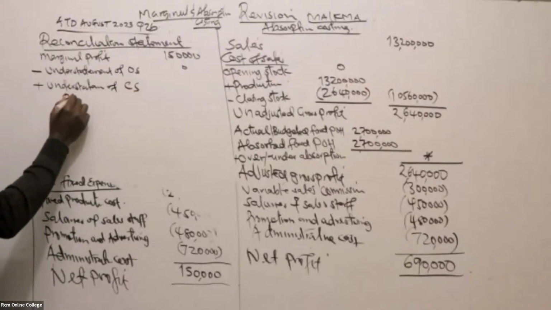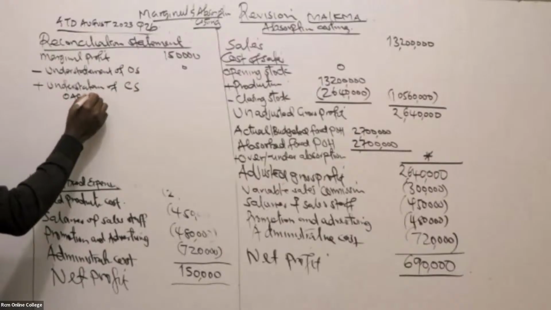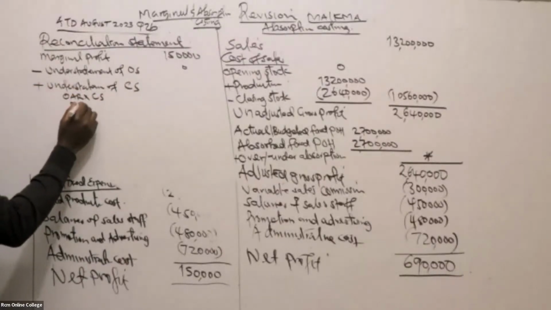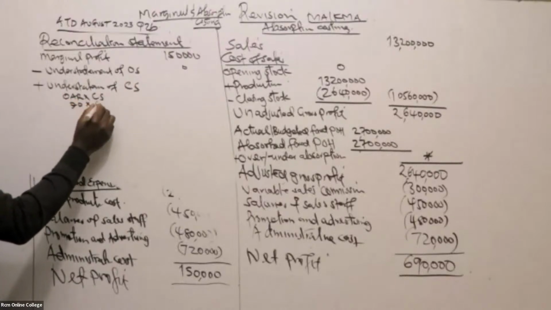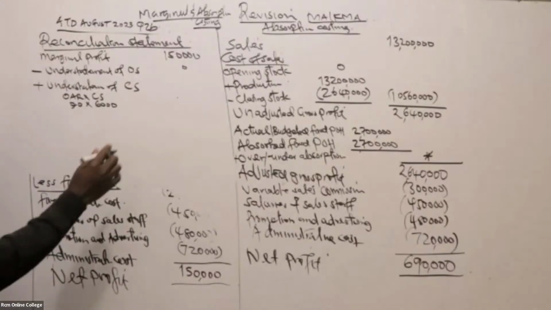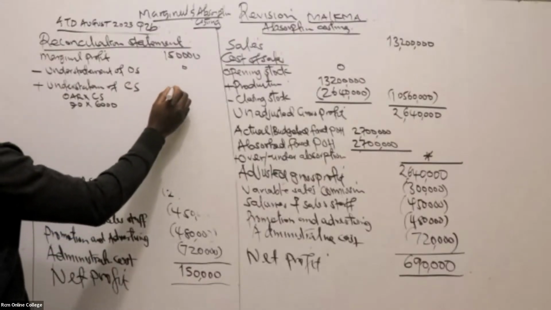How do you get the understatement? You take the overhead absorption rate times closing stock. Our overhead absorption rate was 90. We multiply by closing stock, which is 6,000. 90 by 6,000 gives us 540.